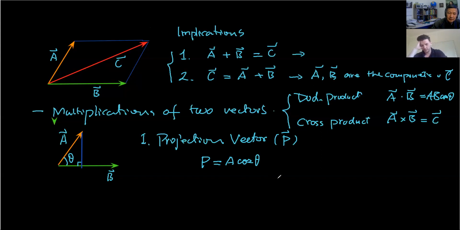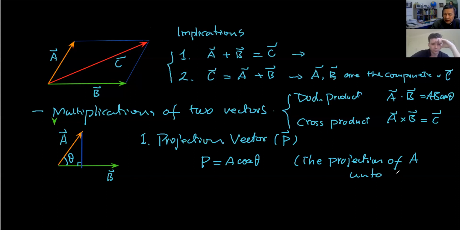So that is a projection. This is called the projection of A onto vector B.